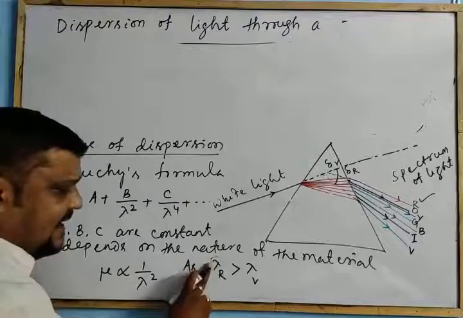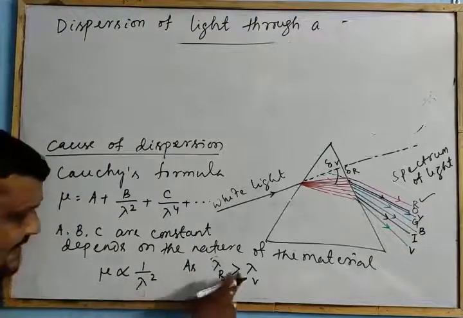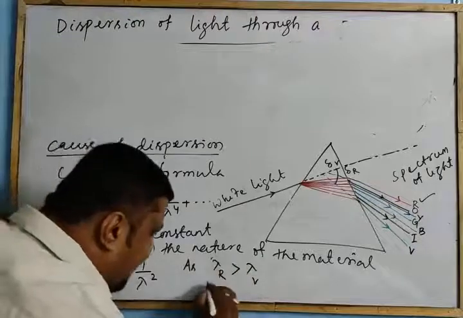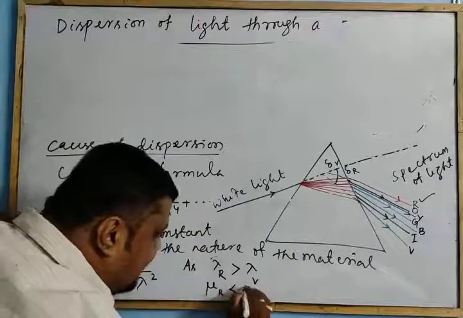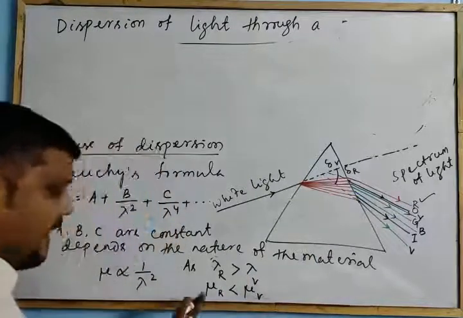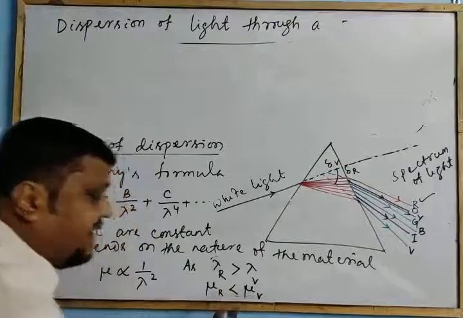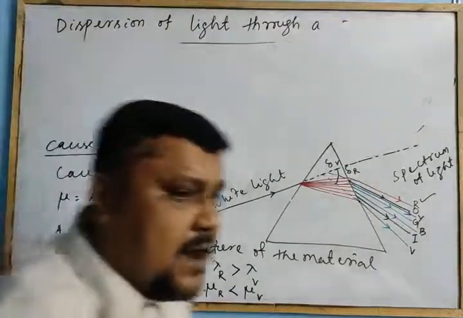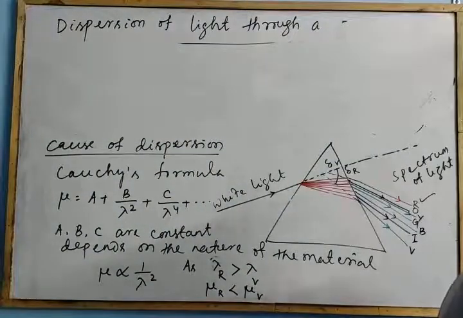If lambda r is greater than lambda v, then the refractive index of the material of the prism for red light should be less than the refractive index of the same prism for violet light, because the wavelength of red light is greater than the wavelength of violet light. Clear? This part is over, right? So the refractive index for red is less than for violet.